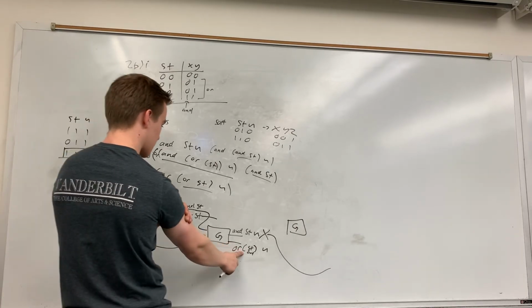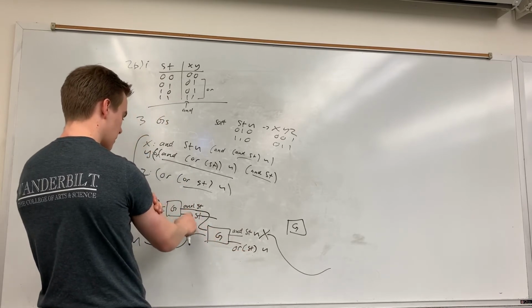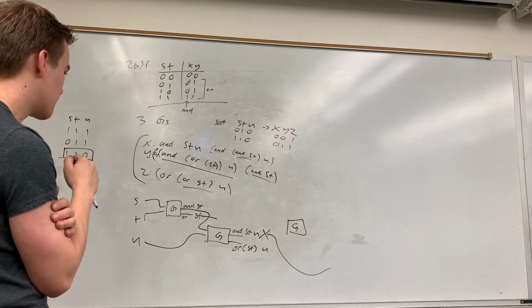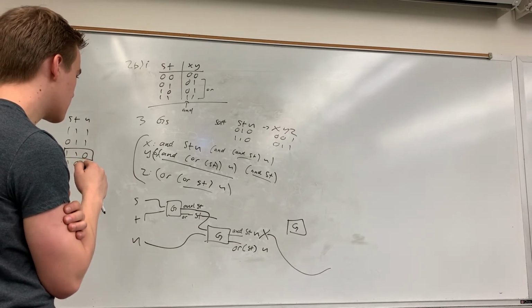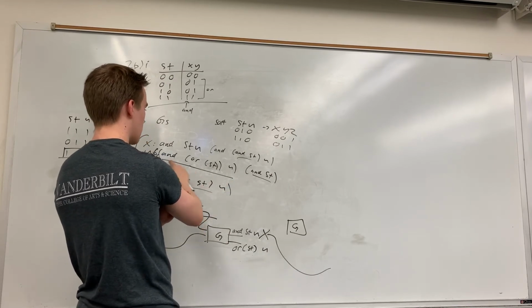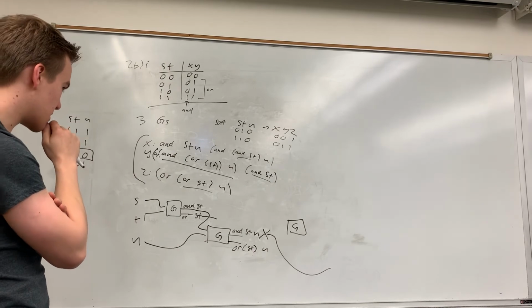Oh, so this is wrong. This is not an AND. Right, this is, oh no, it is an AND. Ah, shoot. But we wanted AND ST or AND OR ST U. Oh, it's looking a little bit sketchy here.